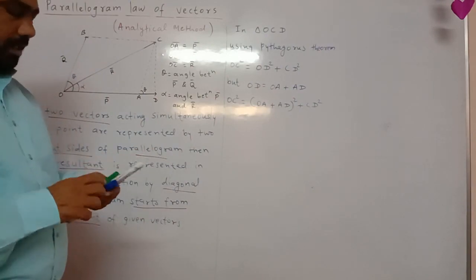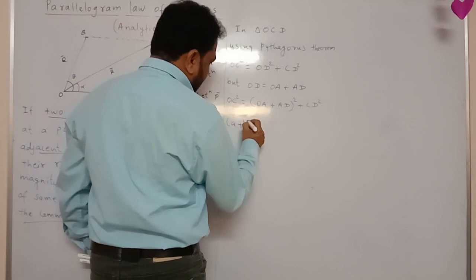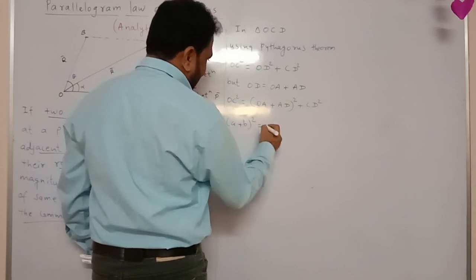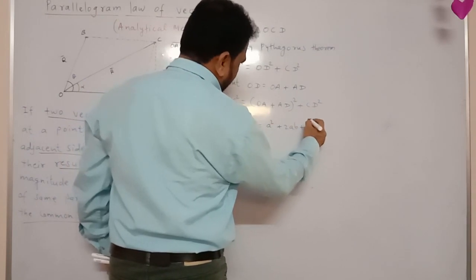Now we can apply the formula (a plus b) whole square is a square plus 2ab plus b square.